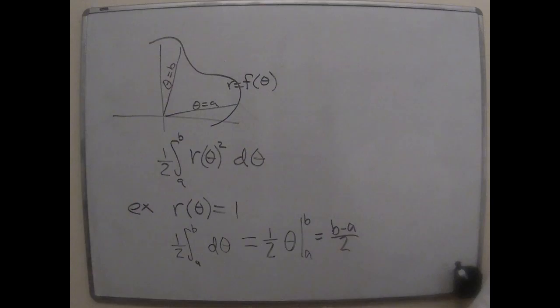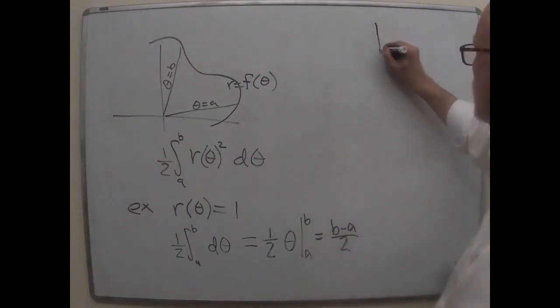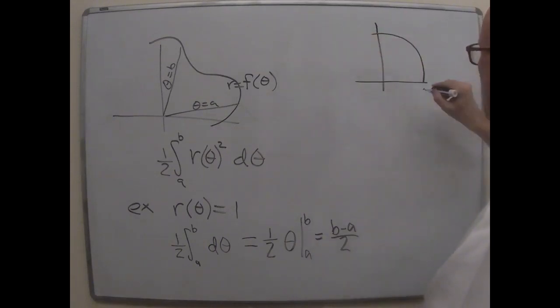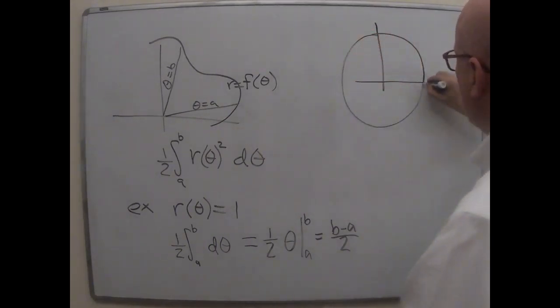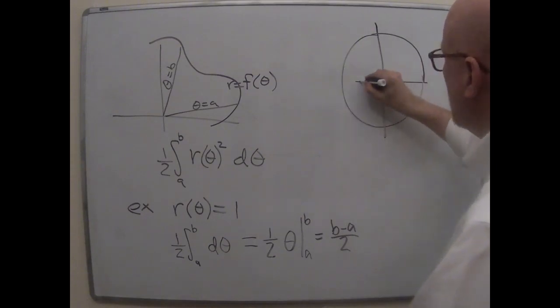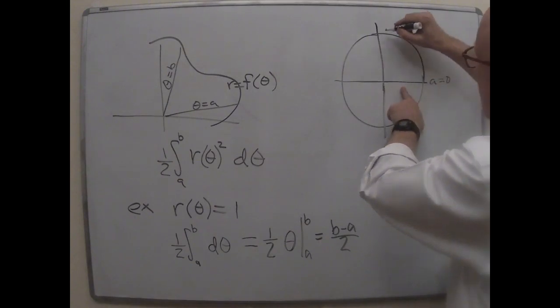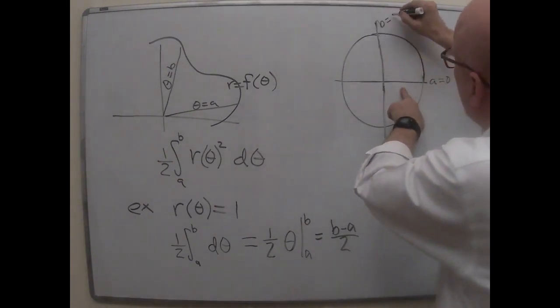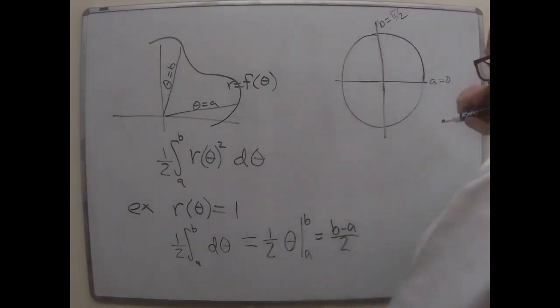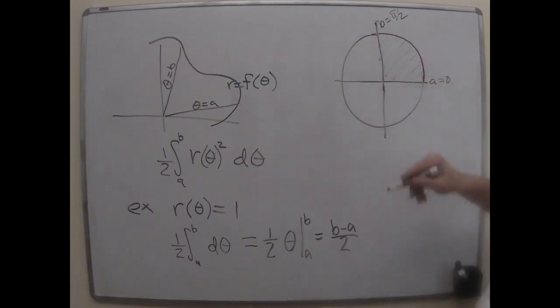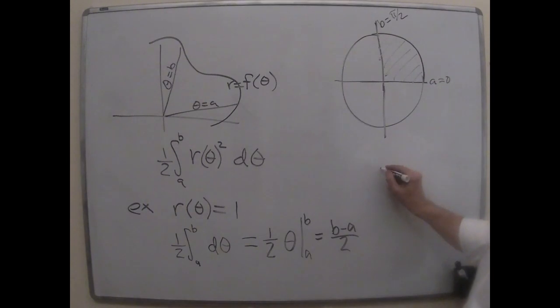Let's do a piece of this that we should know. If I draw the thing we're talking about, r equals 1 is just a circle of radius 1, right? Draw the whole thing, even though I only want a portion of it. How about we let a equal 0 and b equal pi over 2, right? Then what I believe I have just discovered is that the area of that circular sector is b minus a over 2.